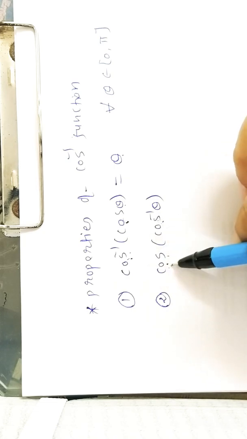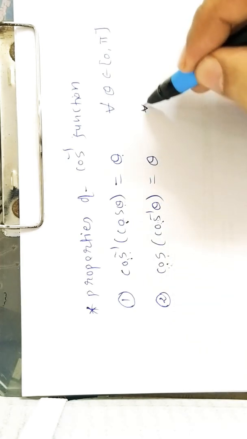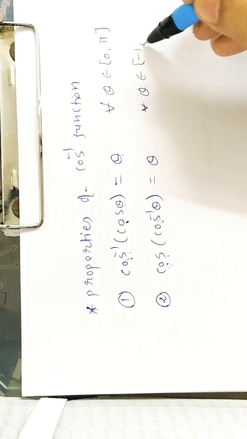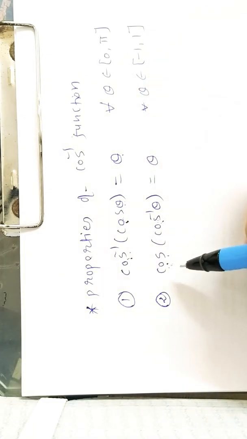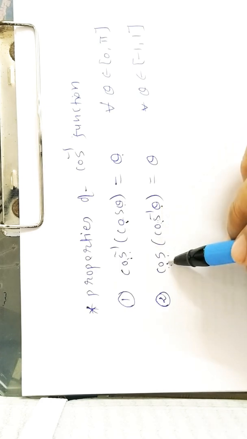So the outer function cos gives theta if theta belongs to -1 to +1, because we should check whether this value is in the range of the outer function or not.